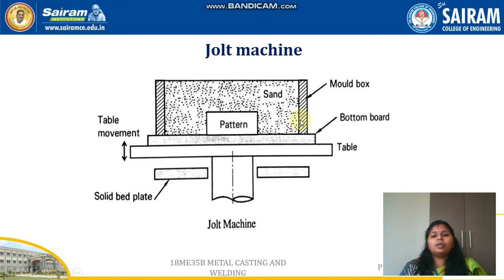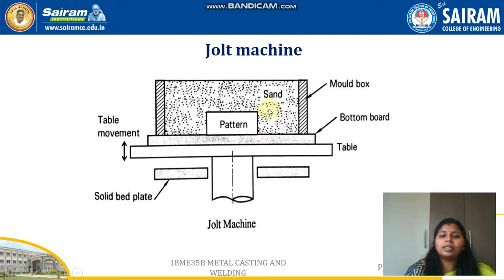The first one is the jolt machine, in which there is a table which is connected to the machine, and there is a solid bed plate, and the pattern along with the mold box is placed on the table. So there is a board above the table which carries the pattern and the mold box. As usual, the pattern is placed in the mold box, and the sand is also placed.